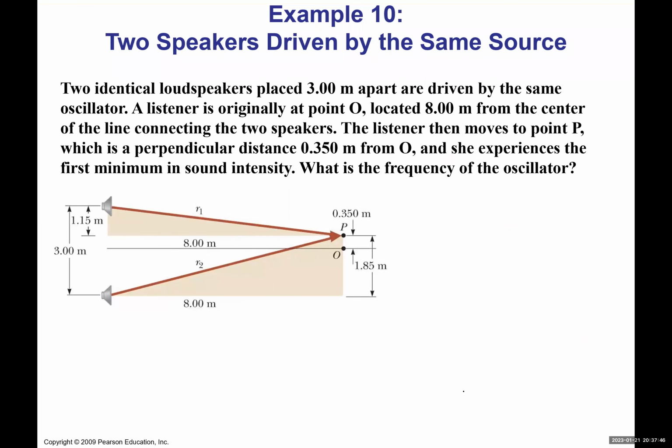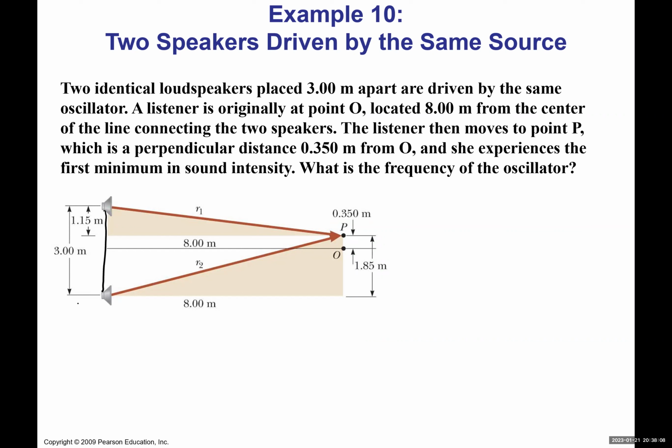All right, so let's look at a couple of examples on this. We have an example where we have two speakers driven by the same source. We have two identical loudspeakers placed 3 meters apart, meaning the distance between them is 3 meters, driven by the same oscillator.